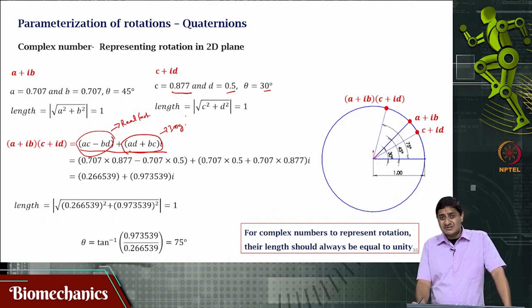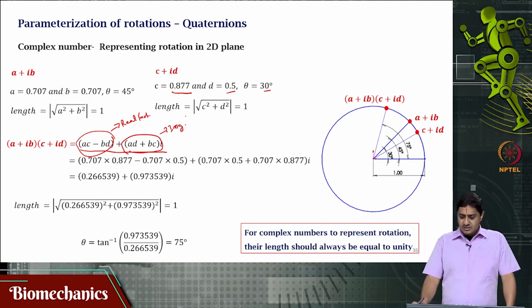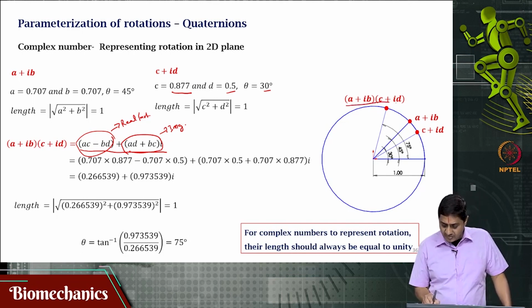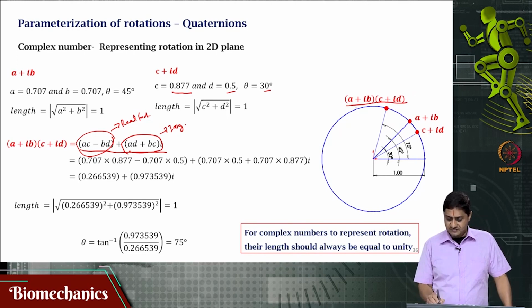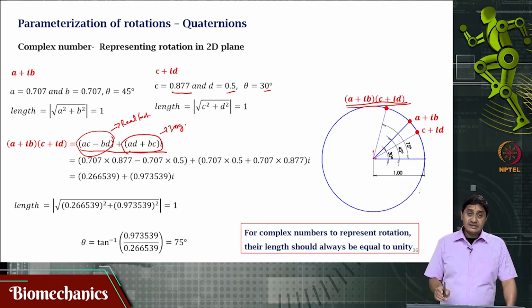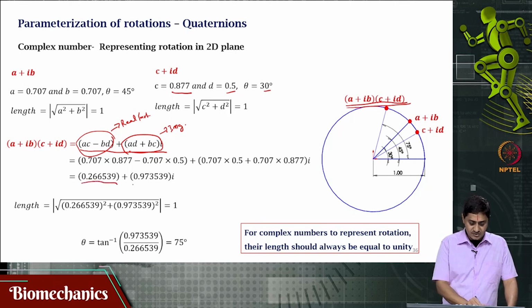And the length of this new complex number, the product of the two original complex numbers, is also 1. That is, this number is on the unit circle, and the theta for these real and imaginary parts turns out to be 75 degrees.